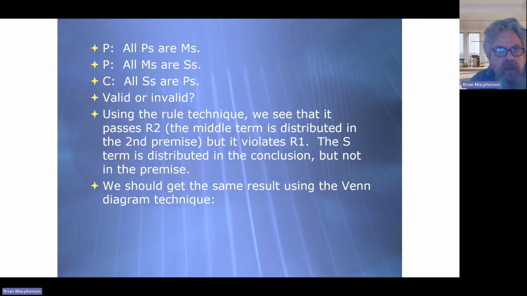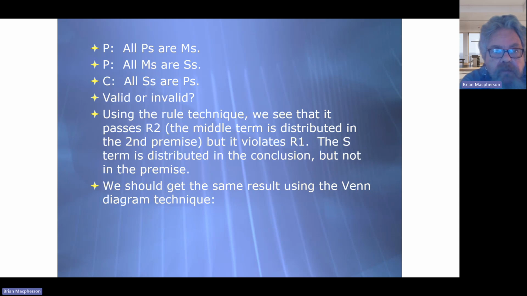We can see that this syllogism is invalid. Why? Because look what's going on here. Although the middle term is distributed in the second premise, the subject of the conclusion is distributed, all S's, but it's not distributed in the second premise.